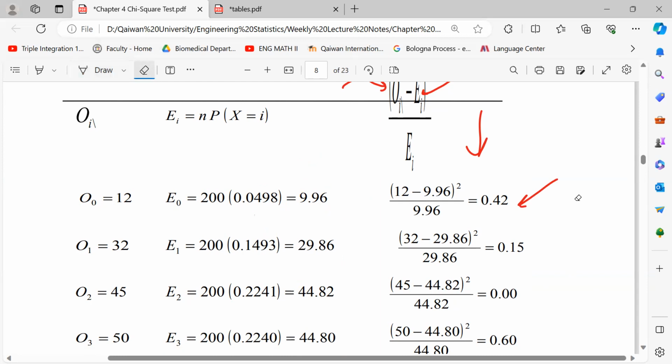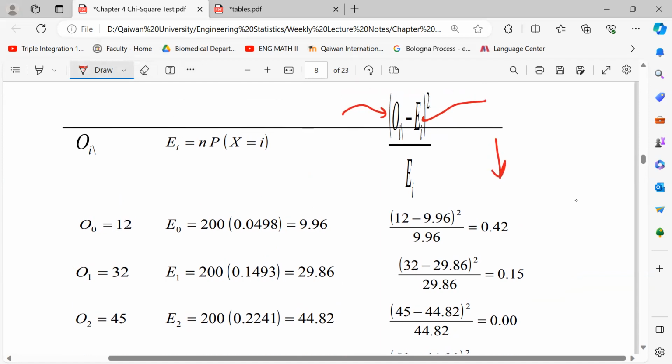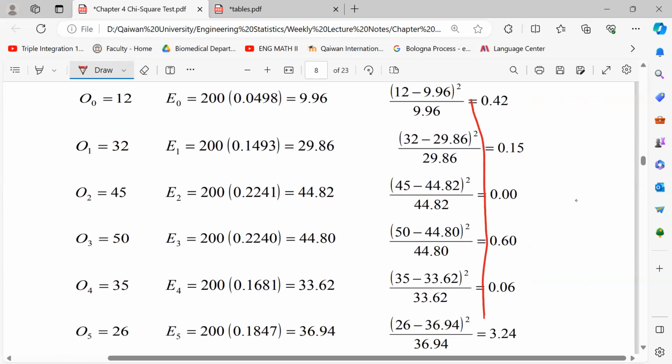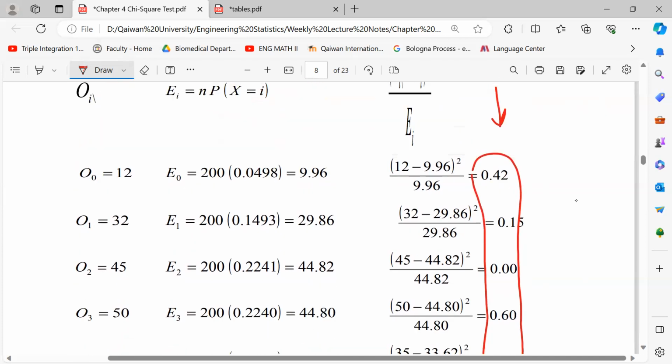From this column, we can get the chi-square test.